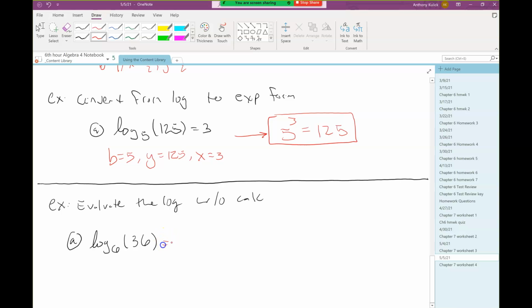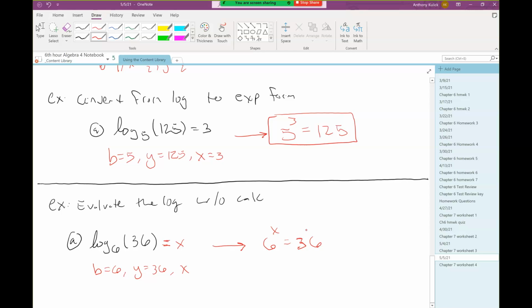Whatever that number is, I'm going to call it x. So b is equal to 6, y is equal to 36, and then I just have an x. If I convert that into the exponential form, I have 6 to the x is equal to 36.